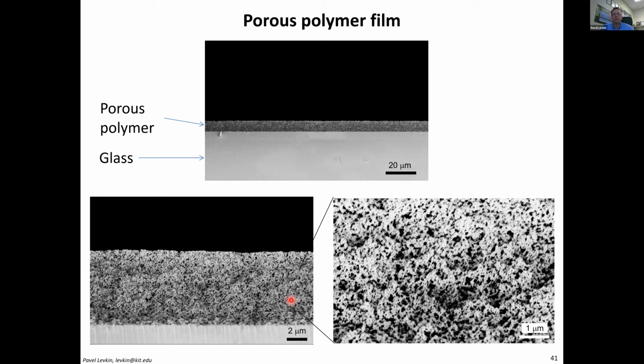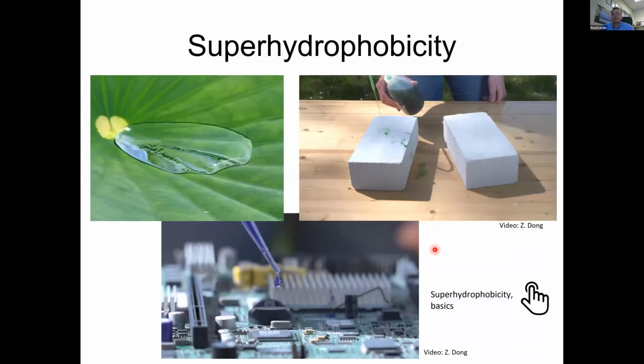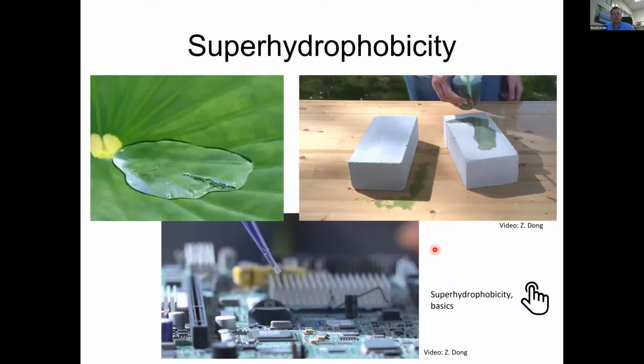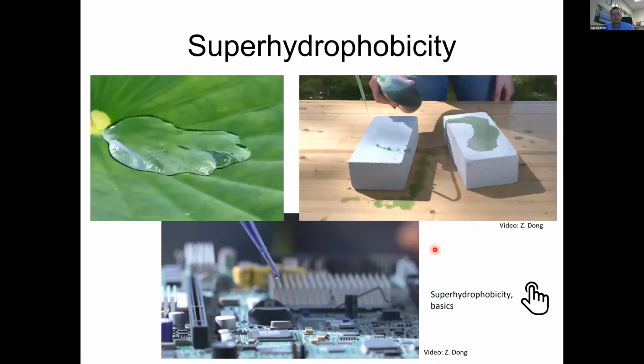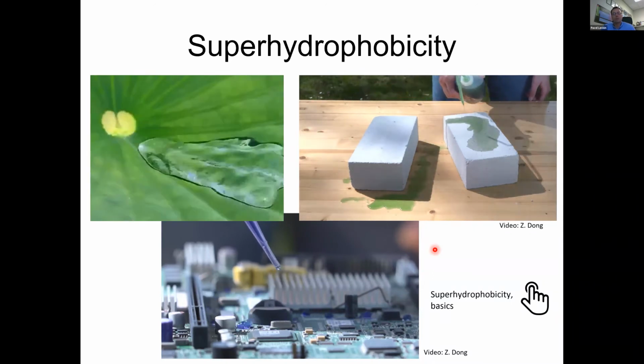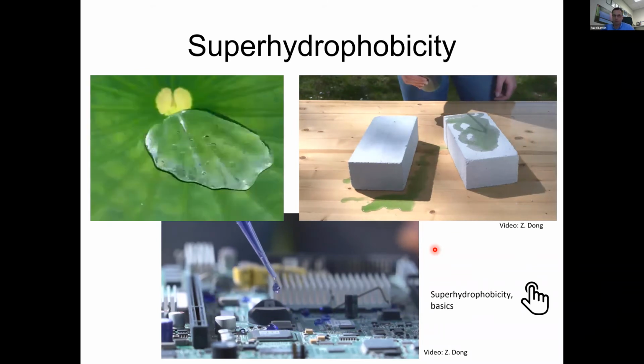And superhydrophobicity, as you can see on these videos, is an extreme water repellency. It appears because of the combination of the micro nanostructure porosity with the hydrophobic nature of the material.